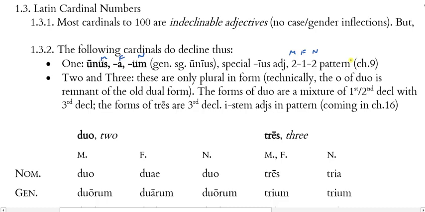Now the numbers 2 and 3 are declinable as well. They are only plural in form, which makes sense because if I have 2 of something or 3 of something, it's not going to be singular. Technically, the O of the word for 2, duo, is the remnant of an old dual grammatical form in Latin. It used to be the case that in Latin there were 3 number categories.